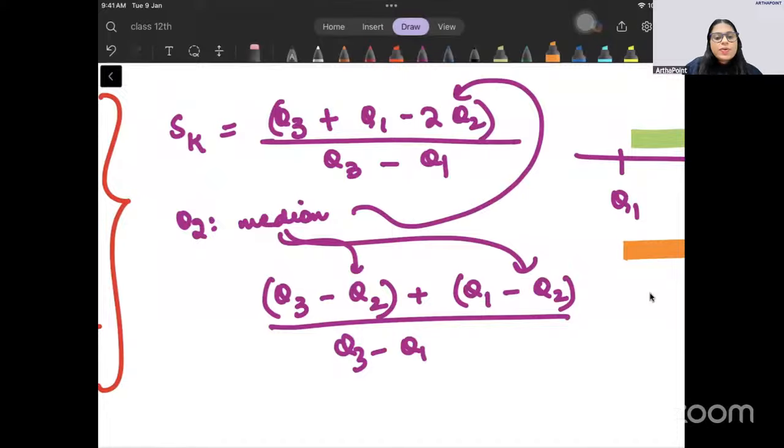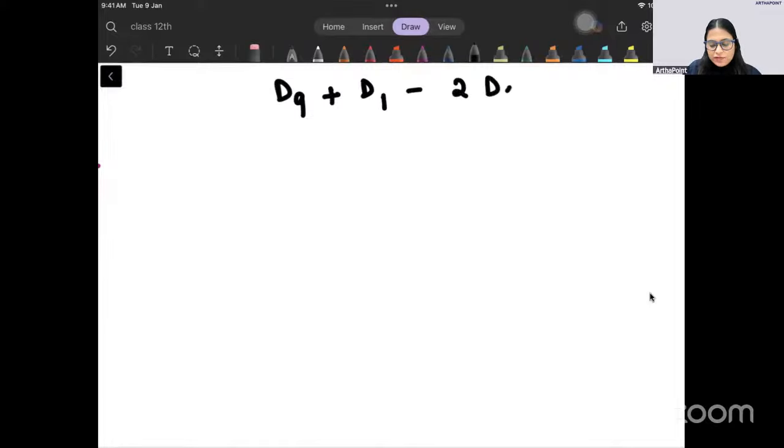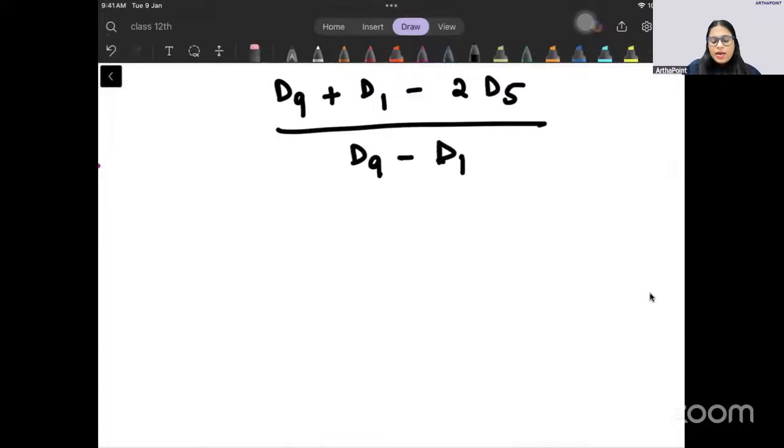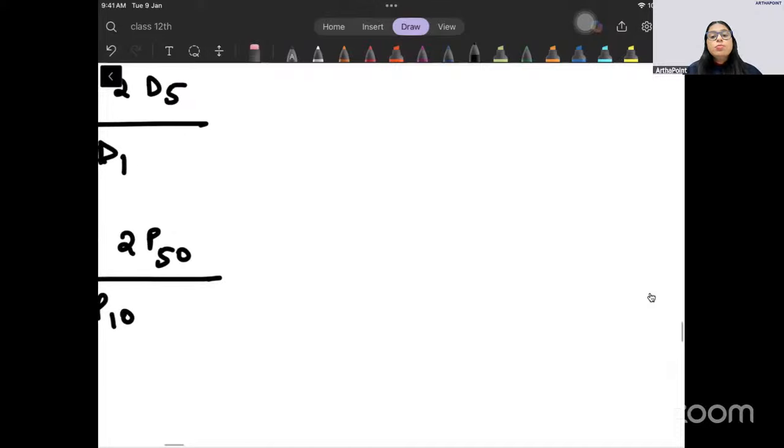Now, the next one is called as Cayley's coefficient of skewness, which is based on deciles and percentiles. So we can go ahead and say that this will be D9 plus D1 minus 2D5 upon D9 minus D1 and P90 plus P10 minus 2P50 upon P90 minus P10. ठीक है, then we also can define skewness based on the moments, right?